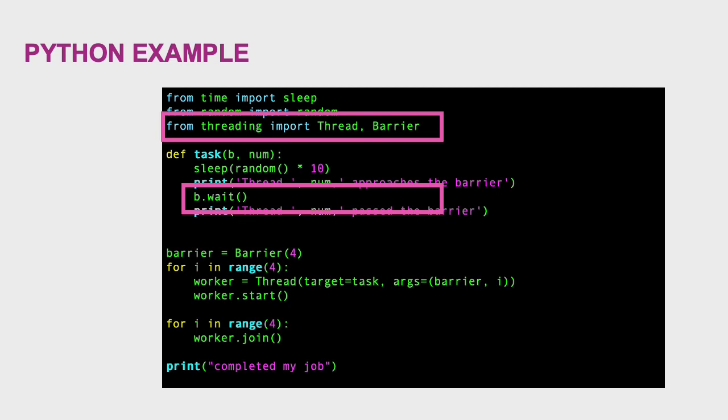Only when we have, in our example, 4 threads attempting to trespass the barrier does it open the gate and make it possible for all the threads to proceed. Okay?